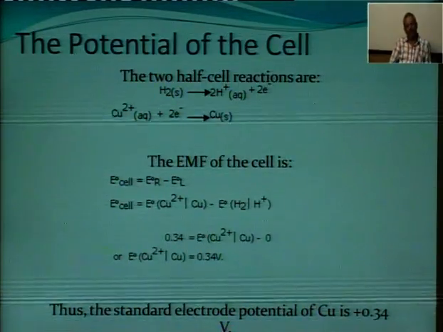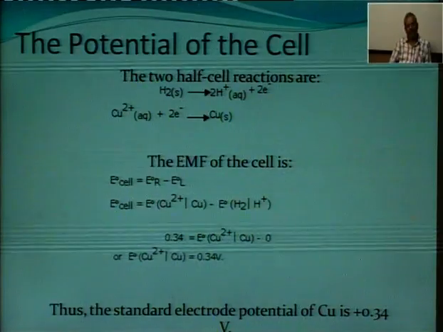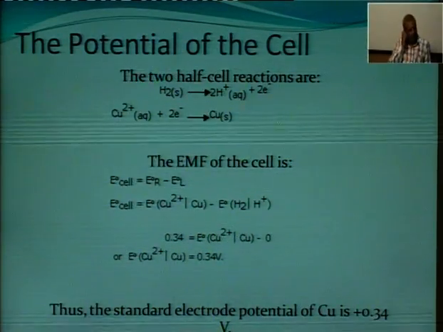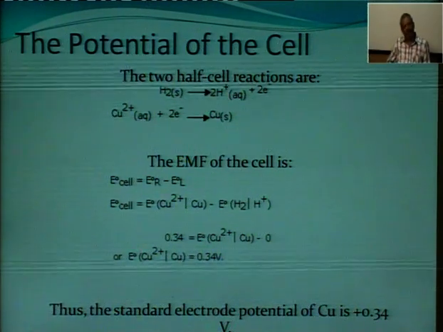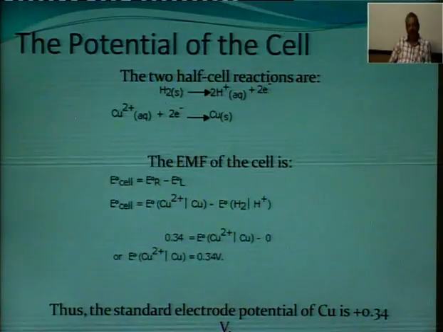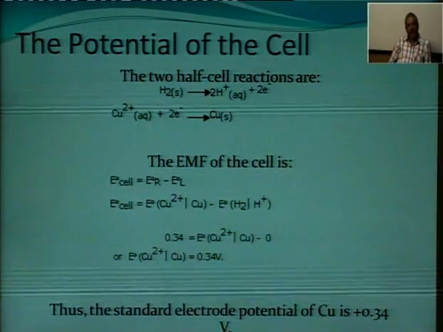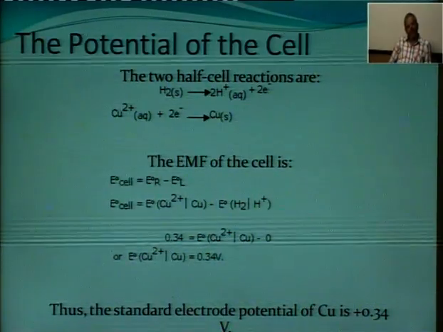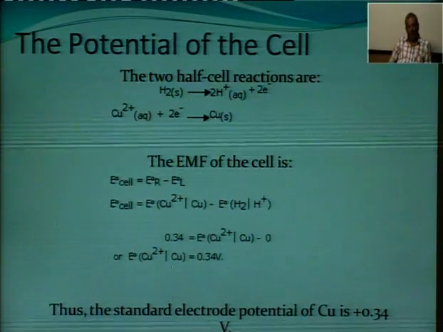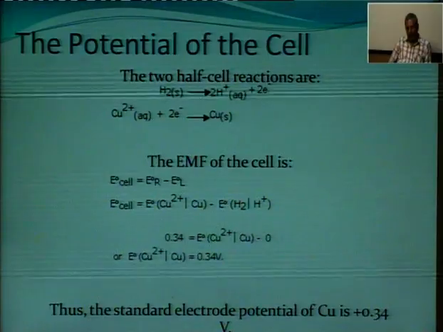The electromotive force of the cell is E naught. Electromotive force of the cell is equal to electromotive force of the right side minus electromotive force of the left side. Electromotive force of the cell is E naught of copper 2 plus to copper.